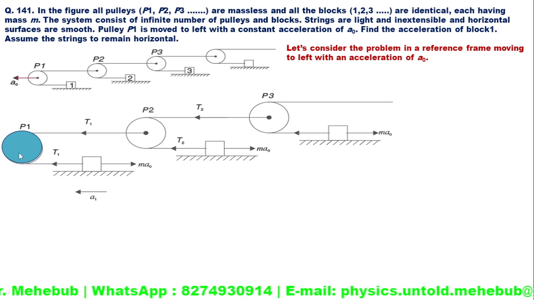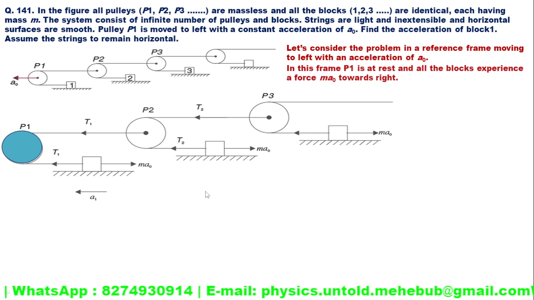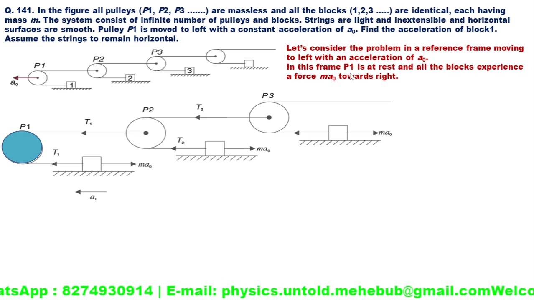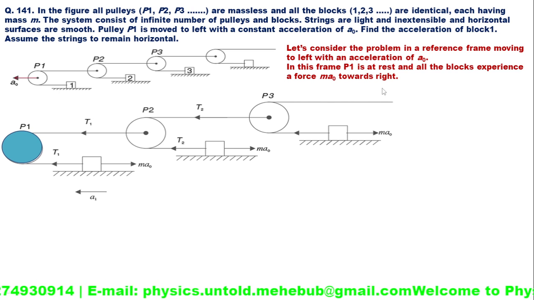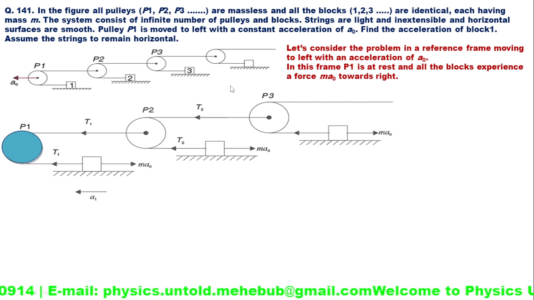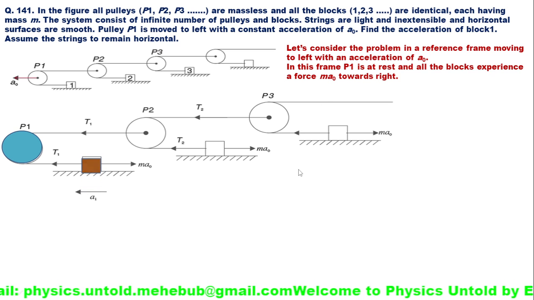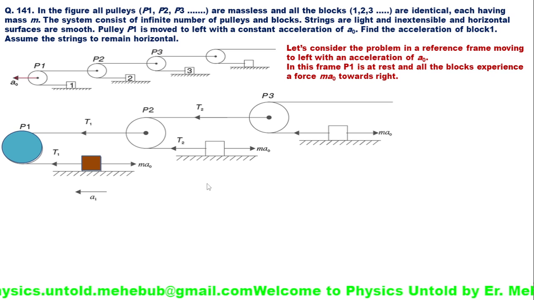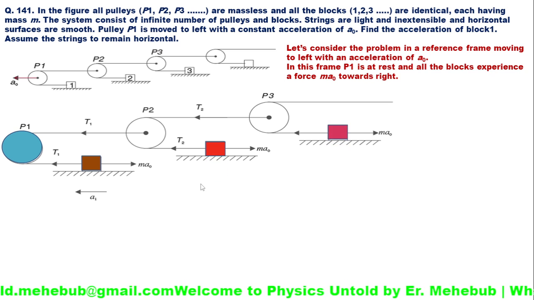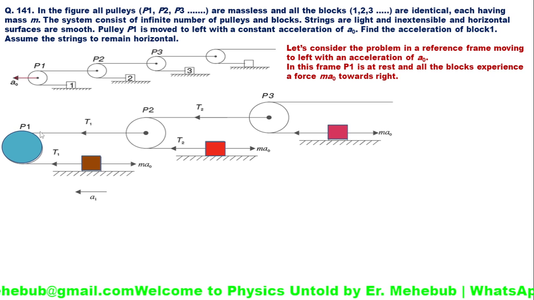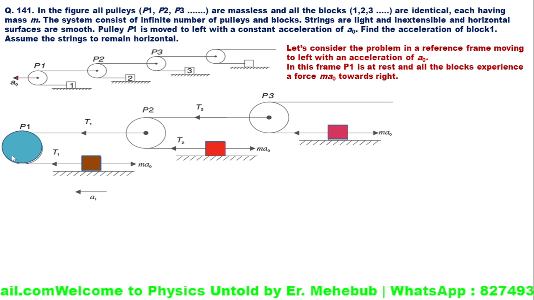Now we can fix this pulley P1. So in this frame P1 is at rest and all the blocks experience a force m a0 towards right. This is our block number 1, block number 2, block number 3, and in this case pulley P1 is at rest.